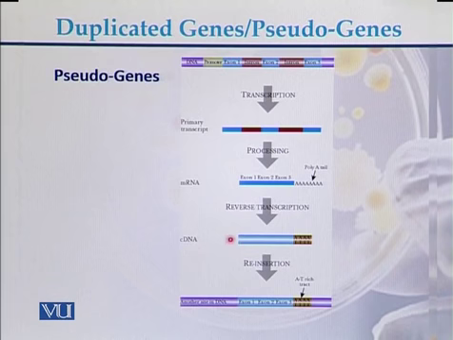This is a cDNA, and this cDNA reintegrates into the genome. So here we can see that exon 1, exon 2 and exon 3 work as a pseudogene. The actual gene is converted into the pseudogene.